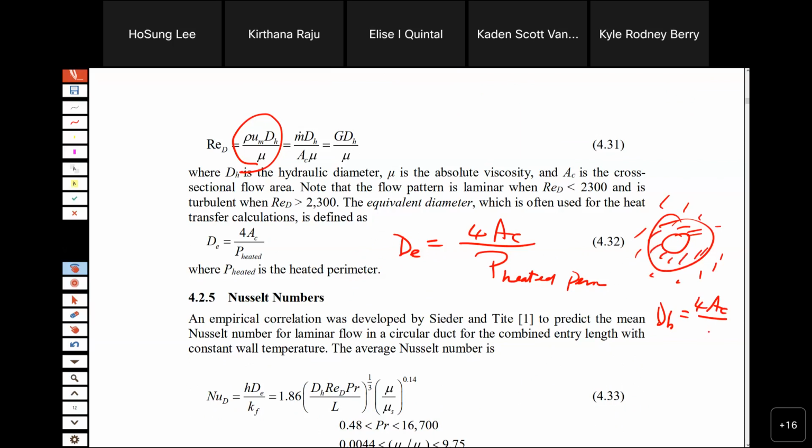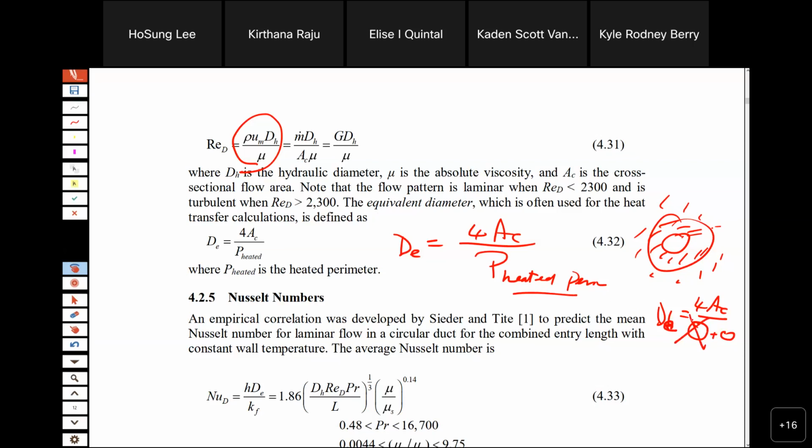But now the perimeter, which one is it? Is it the small or the larger one? Not the hydraulic, but the equivalent diameter. There are two, large and small. Which one are you going to take? Because it's heated, the small one, not the larger one.